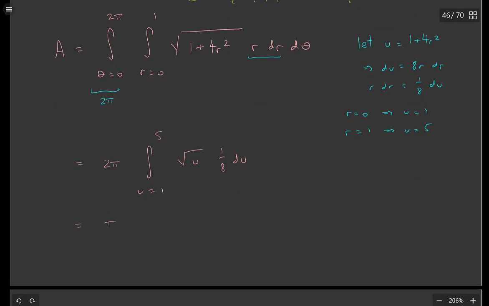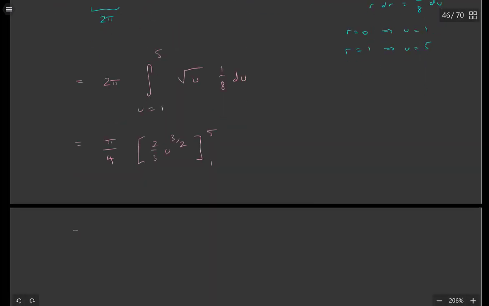This gives me pi over 4 when I bring out that factor of 1/8. My antiderivative is 2/3 u to the 3/2, and I'm evaluating that at 1 and 5. Factoring out that 2/3, I get pi over 6, and then plugging in my limits of integration, I get 5 to the 3/2 minus 1 to the 3/2, which is just 1.